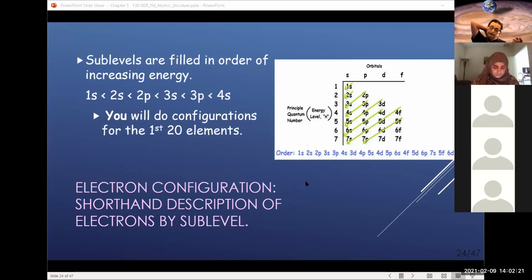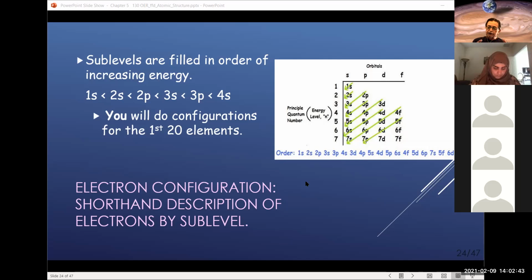Now, earlier, like I said, this is the order in which you're going to start filling up electrons. The coefficient, the number up front in 1s, 2s, 2p, represents the energy level, which is the same as the period on the periodic table.